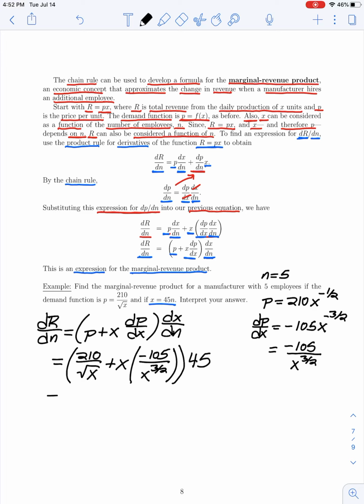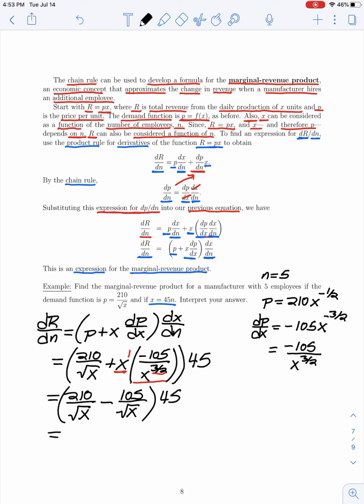So now, simplifying this expression, we're left with 210 over the square root of x minus, when we multiply our x times negative 105 x to the 3 halves, well, my x to the first divided by x to the 3 halves, I can cancel 1 power of x. So subtracting 1 from our exponent 3 halves, we're left with 105 over x to the 1 half, or the square root of x, still being multiplied by 45.